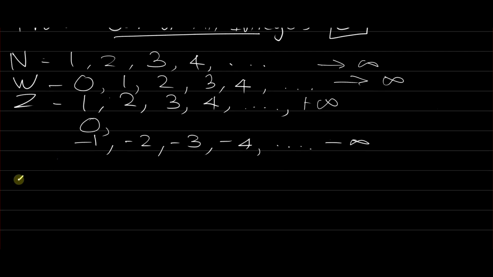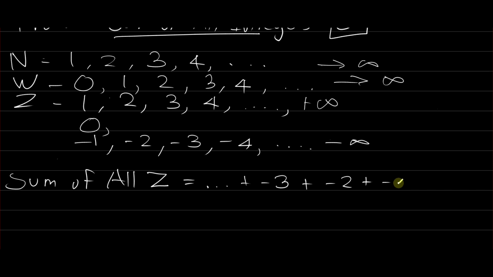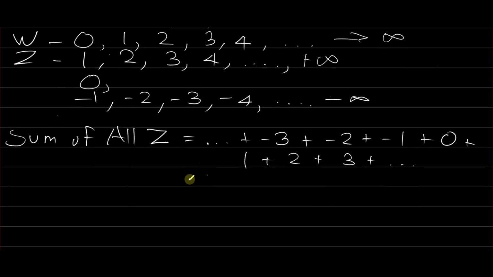Now, when we are trying to add these integers, the sum of all integers is equal to negative infinity till -3, -2, -1, plus 0, plus 1, plus 2, plus 3, plus till infinity. Now, if we see here, we can group these numbers in some form.